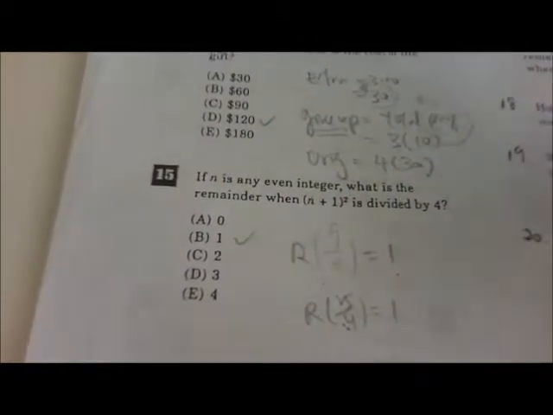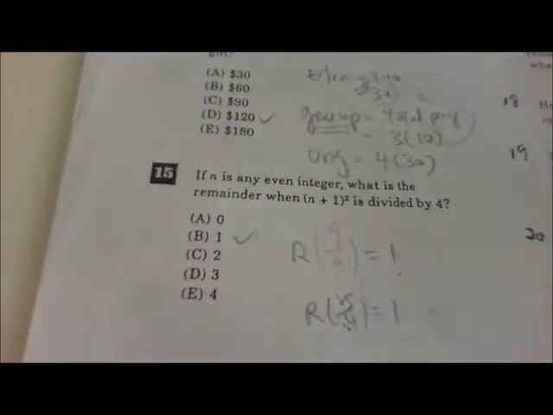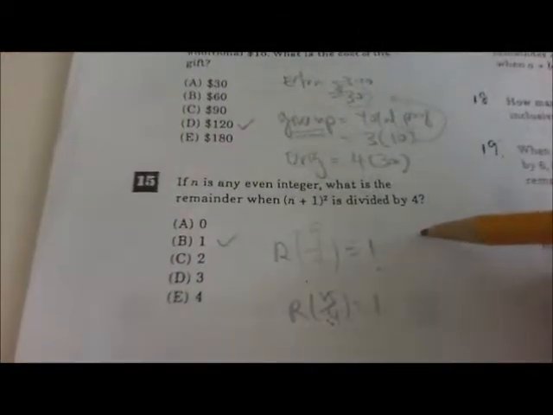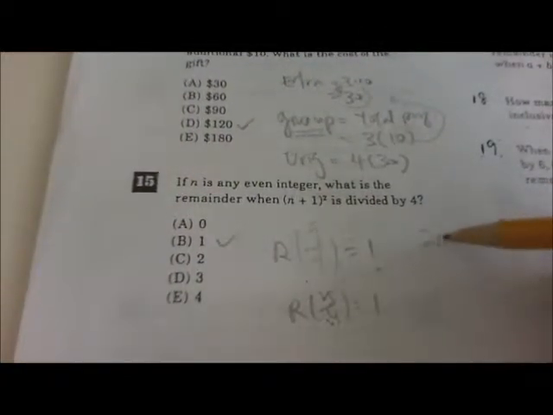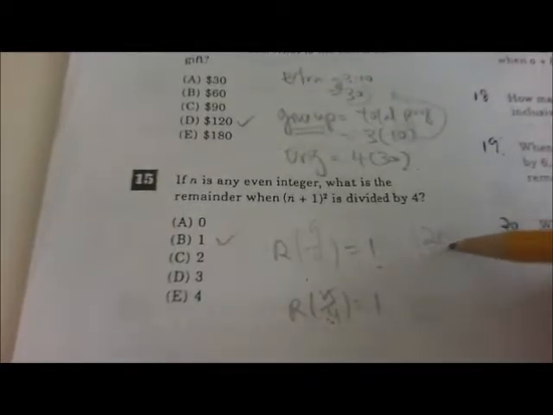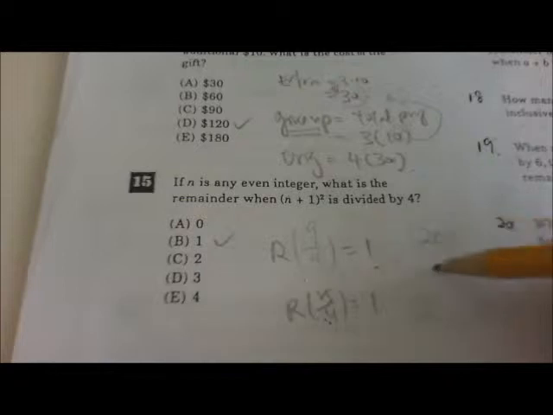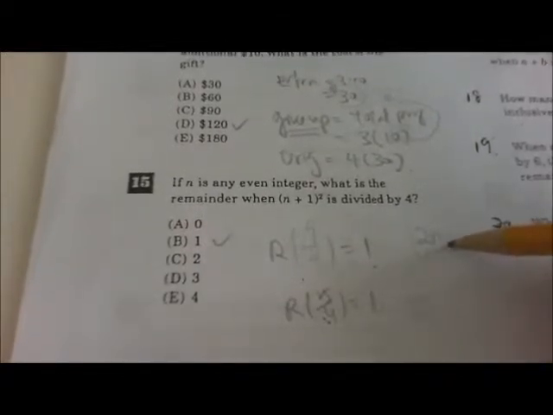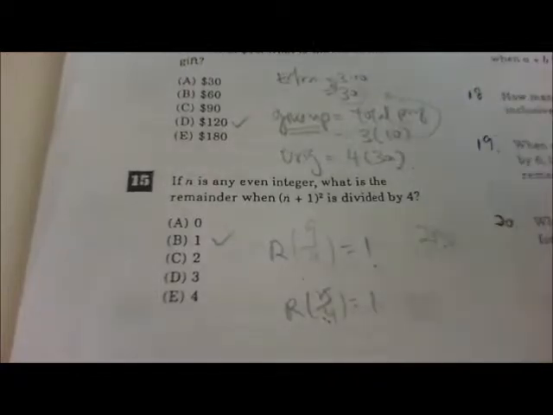Now, actually if n is an even number, you square it, and if you divide by 4, you don't have any remainder. Why? Even number, let's say it's 2n, where n is any number. When n is 1, this is 2, so it's an even number. When n is 2, this is 4, also even. When n is 3, this is 6, also even.